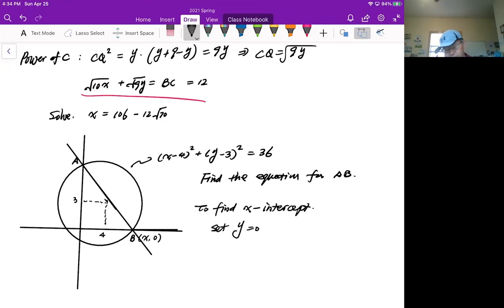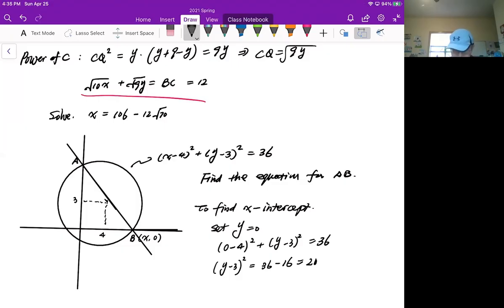So y is always equal to 0 if you want to find the x-intercept. Right, so let's set x equal to 0. So you get 0 minus 4, squared, and then y minus 3, squared, equals 36. So that means y minus 3, squared, is 36 minus 4 times 4, which is 16. So that's equal to 20 here.